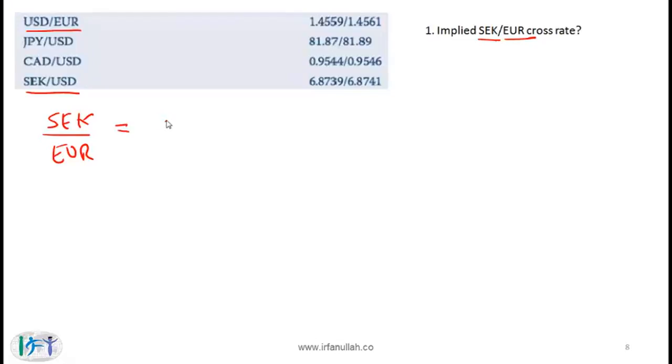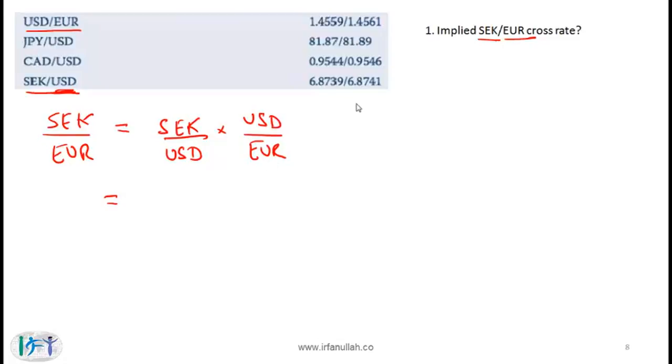So this can be written as SEK over USD, where USD is the base currency, multiplied by USD over euro. So this would be a simple multiplication. Note that we have the SEK USD. So here USD is the base, which is what we want. And we also have USD euro. Here euro is the base, which is what we want.